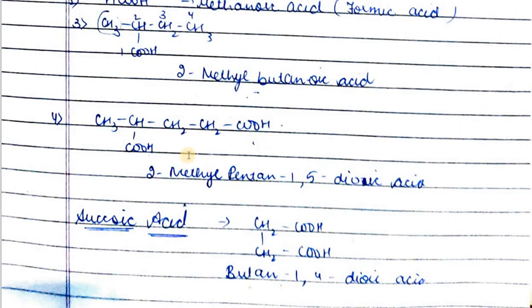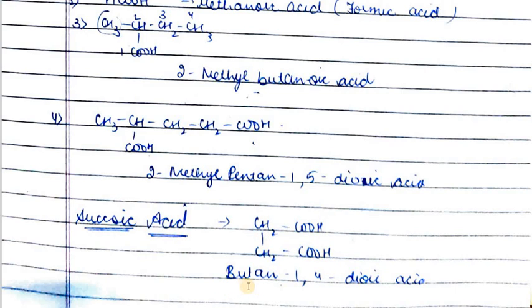Number is suppose 1, 2, 3, 4, 5, and this methyl group is at second position, so it is 2-methyl, then 5 carbons are present in a chain, so pent, single bonds, ane, and then 1,5-dioic acid, because at 1 the COOH group is present, then it is at the 5th carbon, so 1,5-dioic acid, 2-methylpentane-1,5-dioic acid.